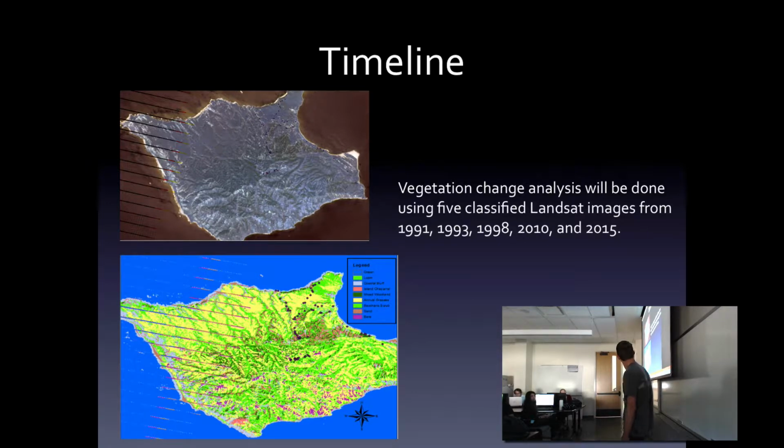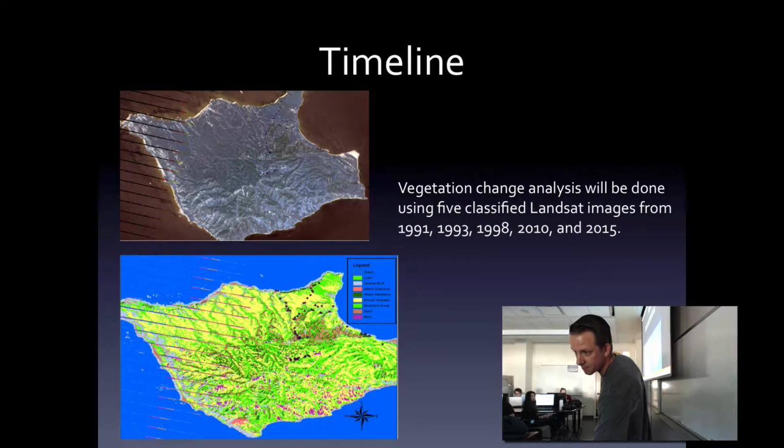The top one is the original Landsat photo that came from USGS, and that's 7 different bands, and that's how I was able to build these vegetation categories. So there's 6 different time series from 91 to 93 to 98 to 2010 to 2015.